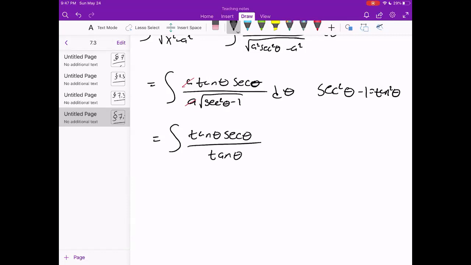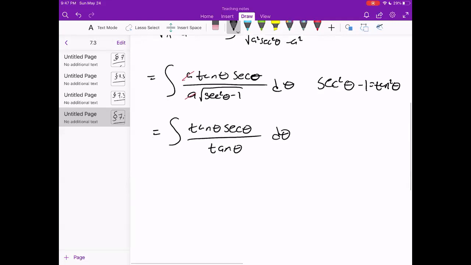Again, we're in the first or fourth quadrant, so tan theta is positive. If you look at your chart, it'll tell you what the restriction on theta is. So we have 0 is less than theta less than pi over 2.